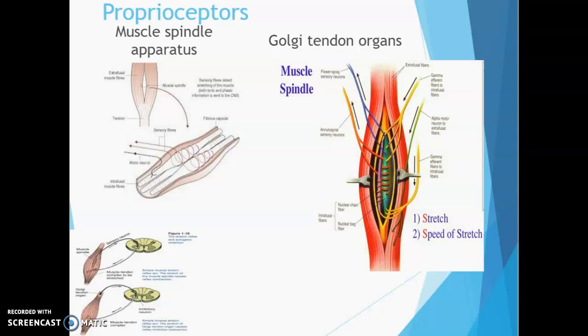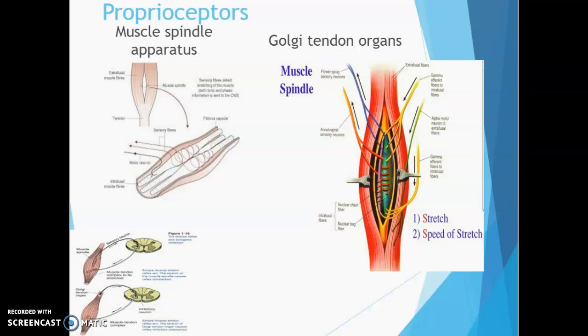When a Golgi tendon organ is stimulated, it causes its specific muscle to relax by interrupting its contraction. When a muscle is inhibited by a Golgi tendon organ, the process is called autogenic inhibition. The function of the Golgi tendon organ can be thought of as opposite to the muscle spindle, as it serves the purpose of muscle contraction.